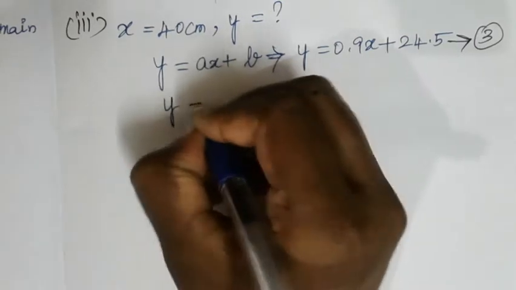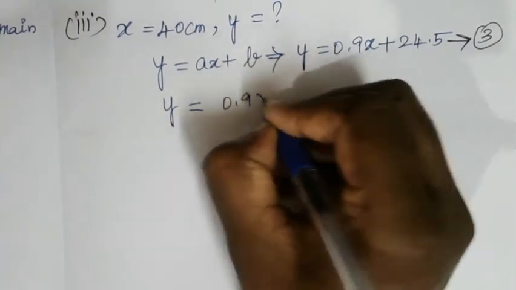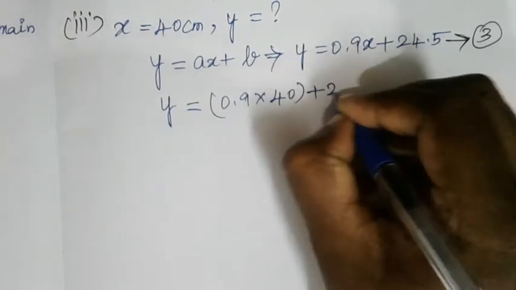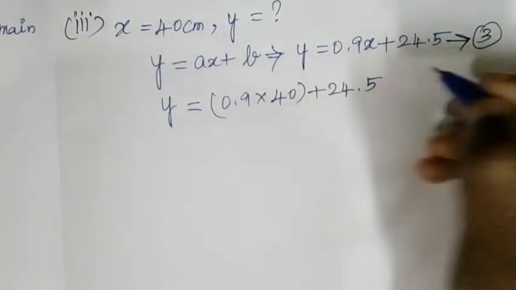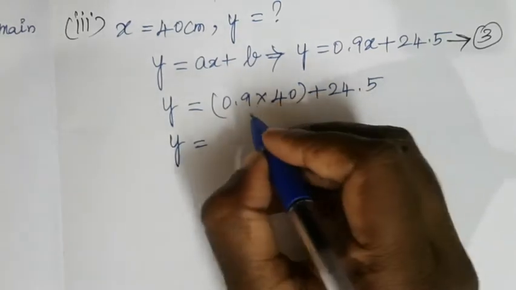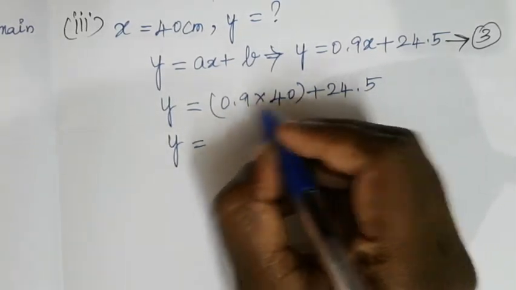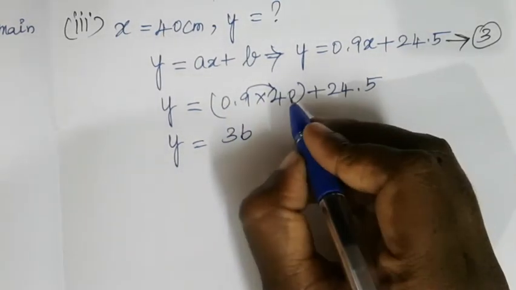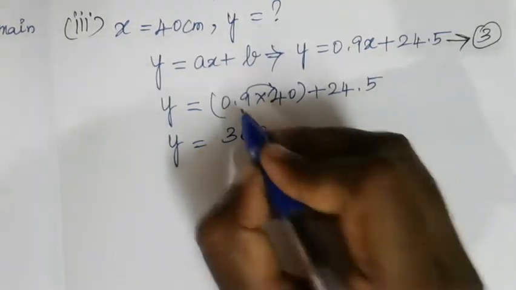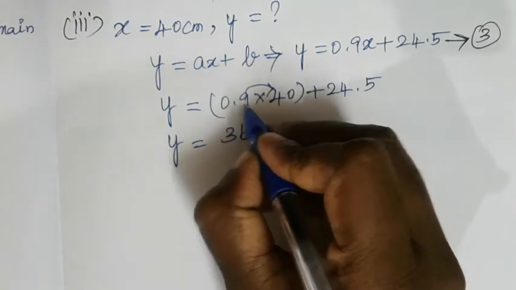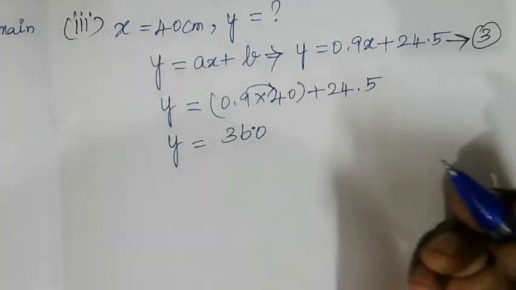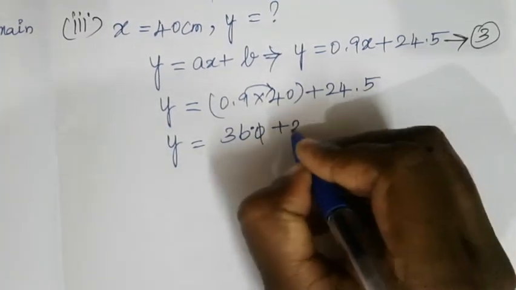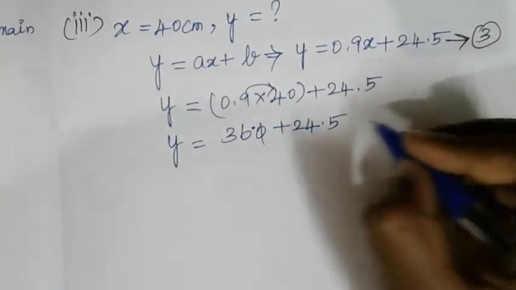Here Y is only required. Therefore, Y is equal to 0.9 into X, here is 40, plus 24.5. Here Y is equal to, first 9 into 4. 9 4s are 36. There is one 0, so introducing 0. Then here is one decimal point after one digit, so here decimal point. So 36. Since it is a 0, neglecting. Plus 24.5.